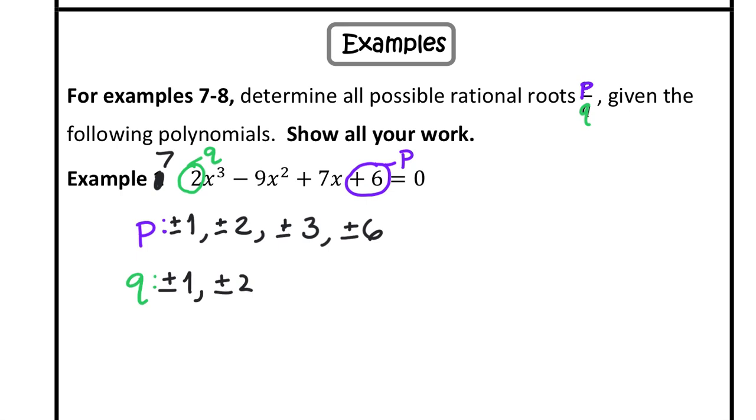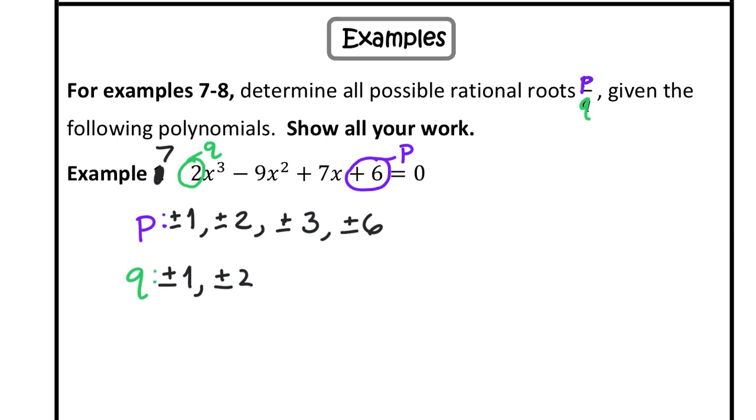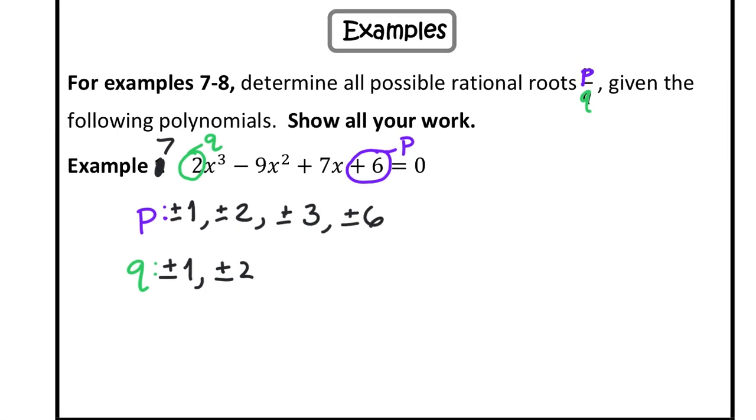Okay, so now that I know all the multiples for my p and all the possible multiplications for q, I'm going to look for all the possible ways to divide these two. So if I divide p divided by q, what are the different divisions I can get?